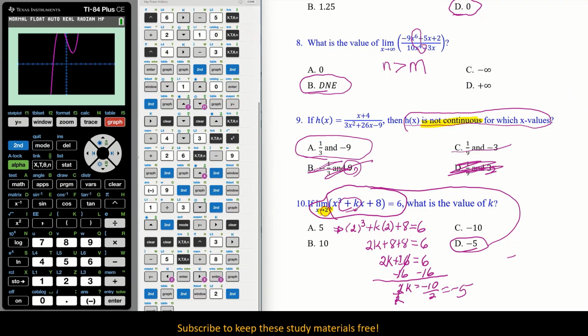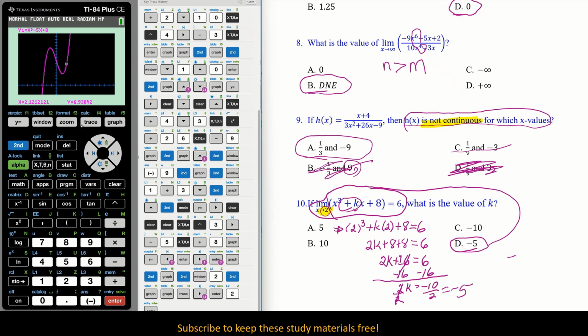So let's go back to our graph. It's kind of hard to, oh, let's use trace. And we can go to 2. Let's see if it does it. Nope. Well, let's enter 2 while we're on trace. Well, that didn't work either. Let's go trace. 2.